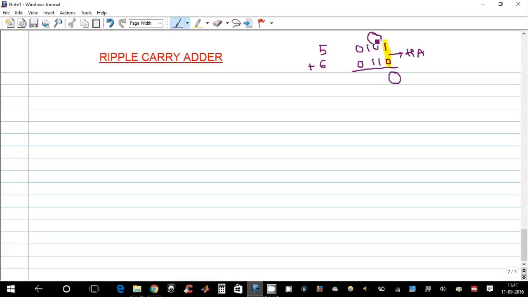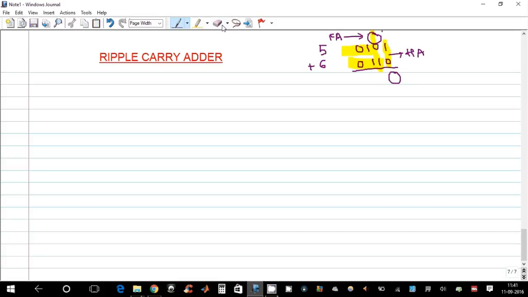Now we need to add 3 terms, that is the generated carry along with the 2 already remaining terms. So for the remaining operations, as this process repeats, we require full adders for this.